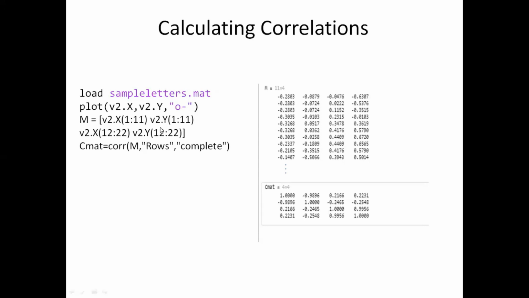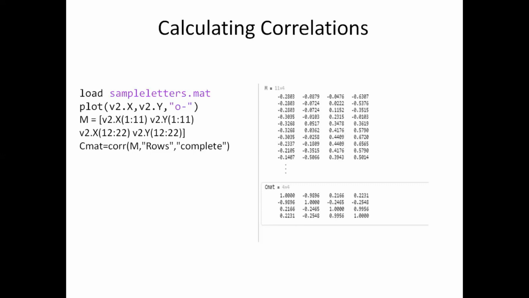The second column will have the first 11 rows of Y position. The third column will have the second 11 rows of X position, followed by the last column, which will have the last 11 rows of Y position. So instead of two columns with 22 values each, I am going to divide it into 4 columns with 11 rows.